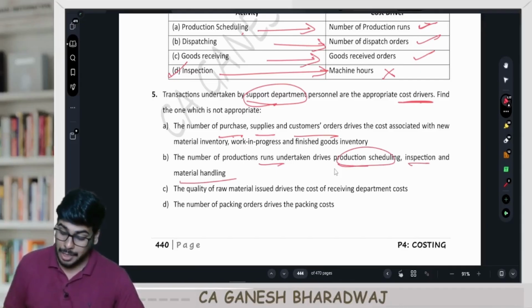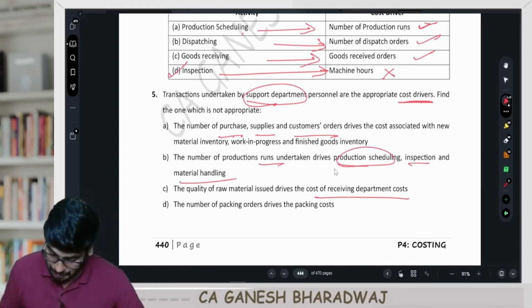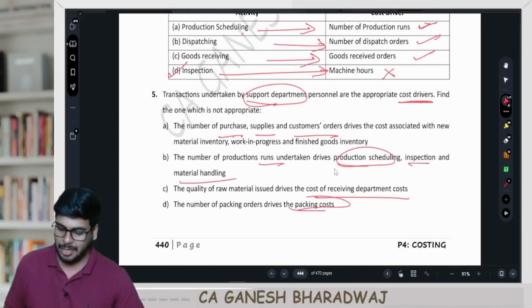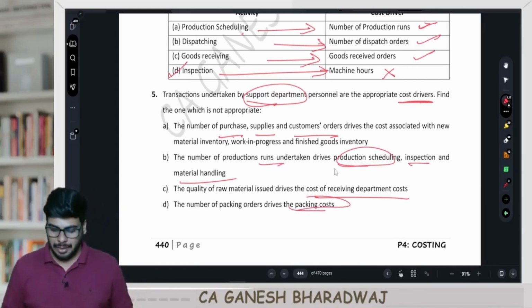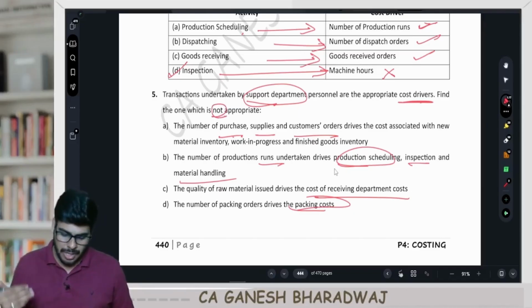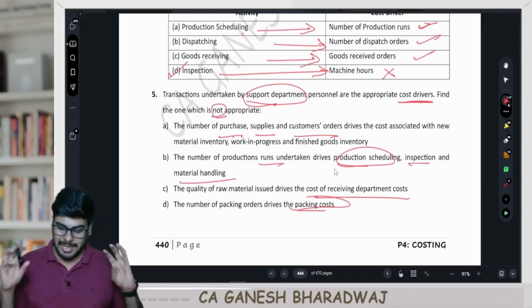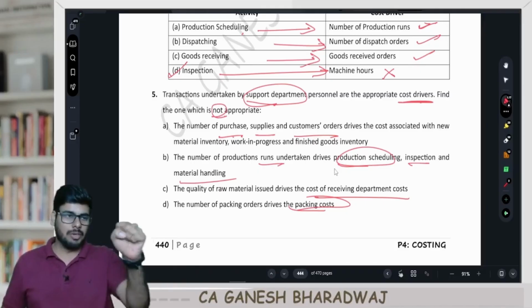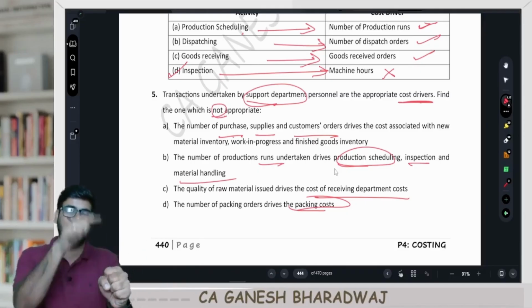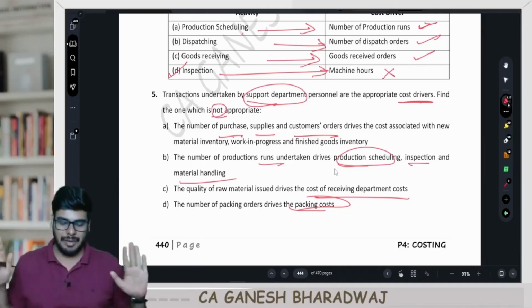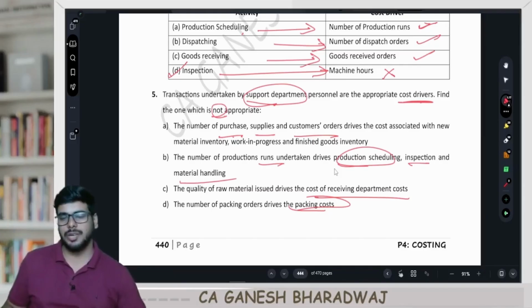Quantity of raw material issued drives the cost of the receiving department, and the number of packing orders drives the packing cost. Basically, they have given the cost driver and they are saying it drives which activity, and they are asking you to find out which of the following is false. They have given one cost driver and they are saying this is the cost driver for these many activities. Which one is false? You read and you tell me.